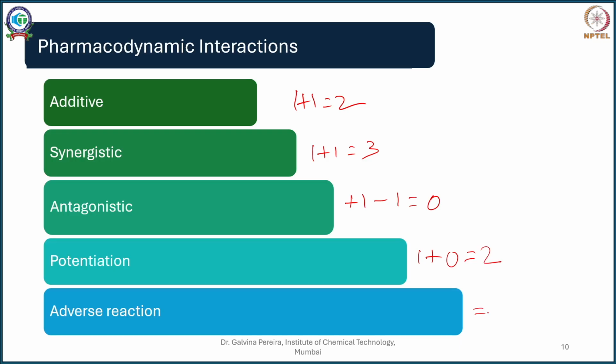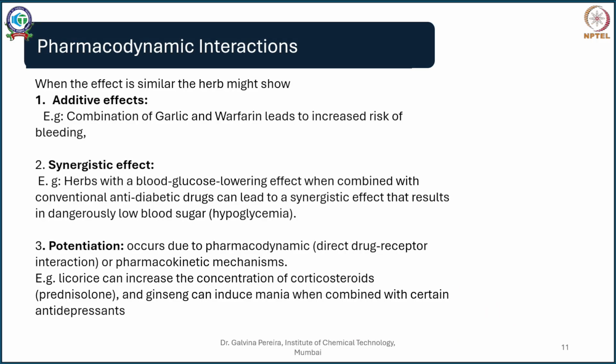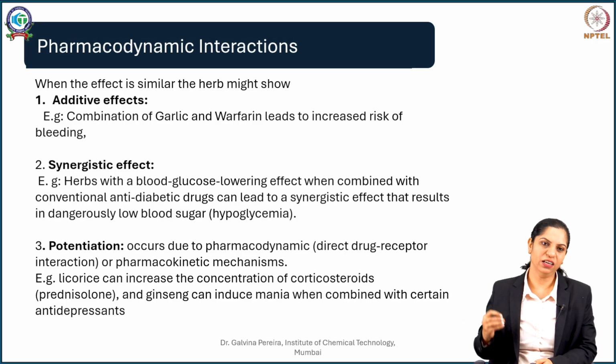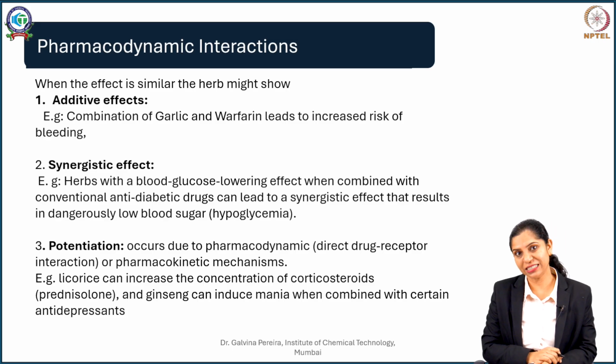I don't want a biology here, but the effect that is occurring is something which is not desirable and decreases the applicability of my drug. So, let us study a few case studies here as well. Pharmacodynamic interactions, mainly herbs show additive, synergistic, potentiation, and we saw antagonistic effects also. Talking about examples here, say garlic.